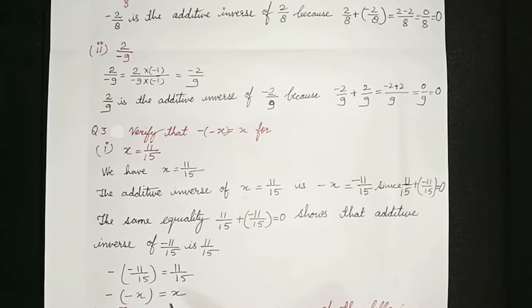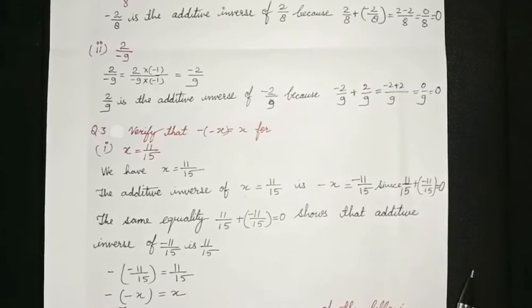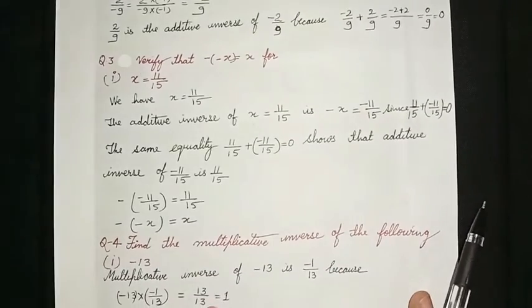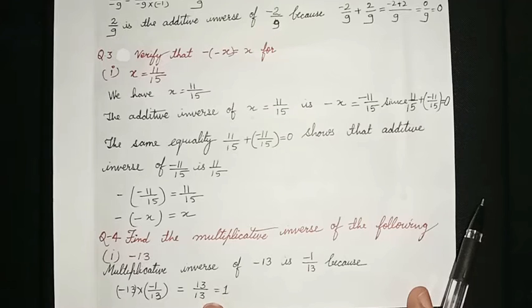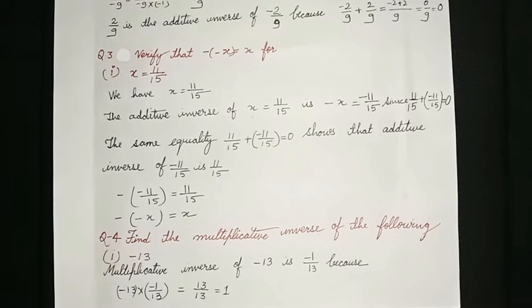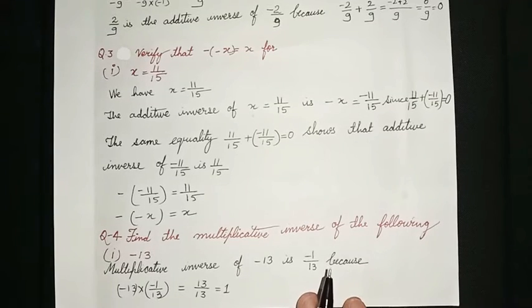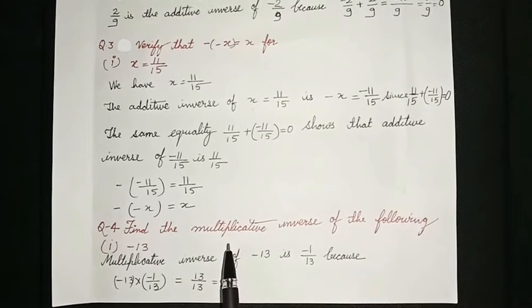Now, we will start question number 4. In the properties of multiplication of rational numbers, you have studied the properties of the multiplicative inverse. In this question, in the first part, minus 13, I'll explain this question.